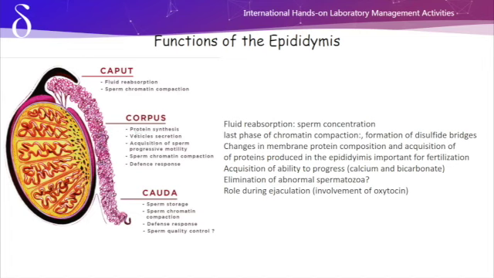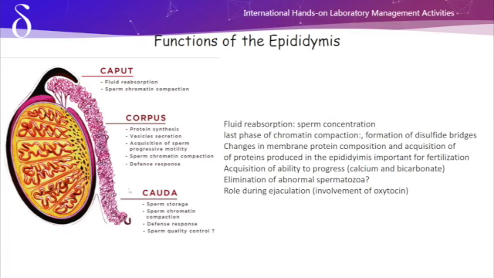In the corpus also many proteins are synthesized, and these proteins are involved in the acquisition of progressive motility together with substances such as calcium and bicarbonate, and also defense proteins that are involved in defense response of the sperm.